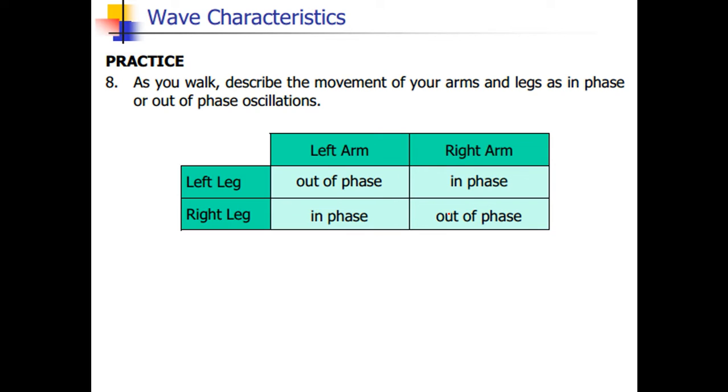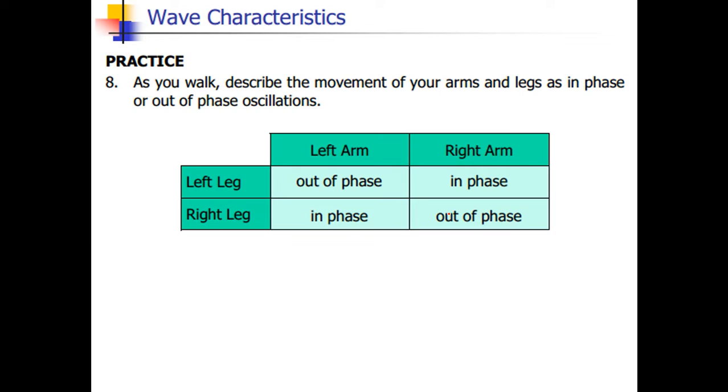So you can see here, if we're describing the movement of arms and legs as being in phase or out of phase, your left arm and your left leg are out of phase, but your left leg and right arm are in phase, and therefore your left arm and right leg are in phase, whereas the arm and the leg on the same side are out of phase.